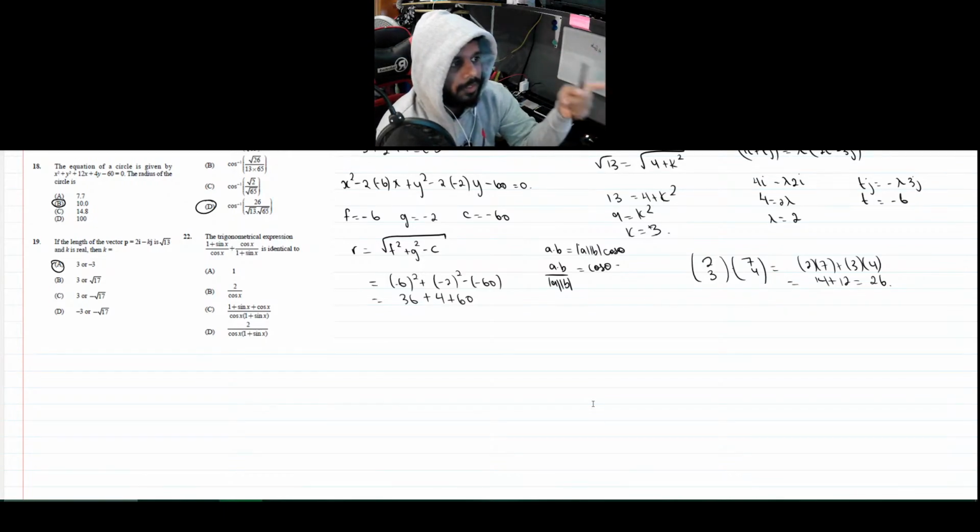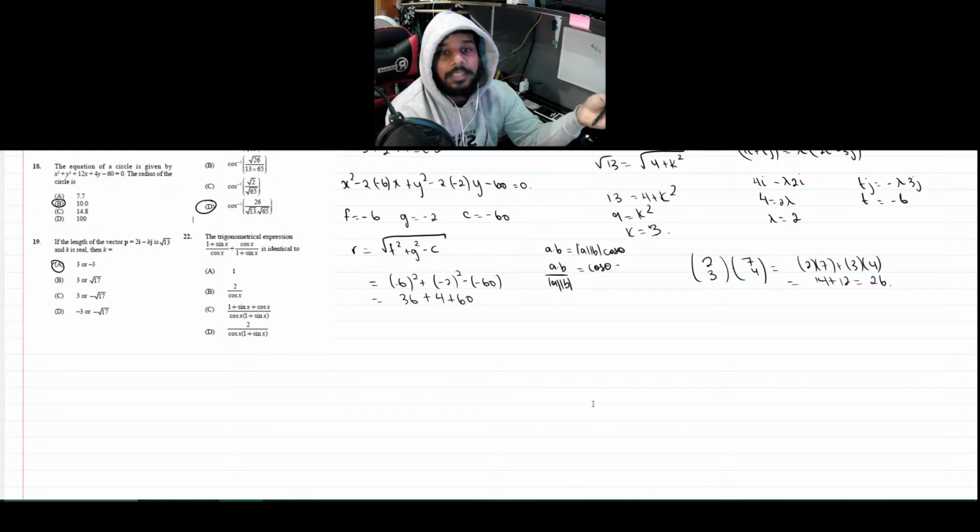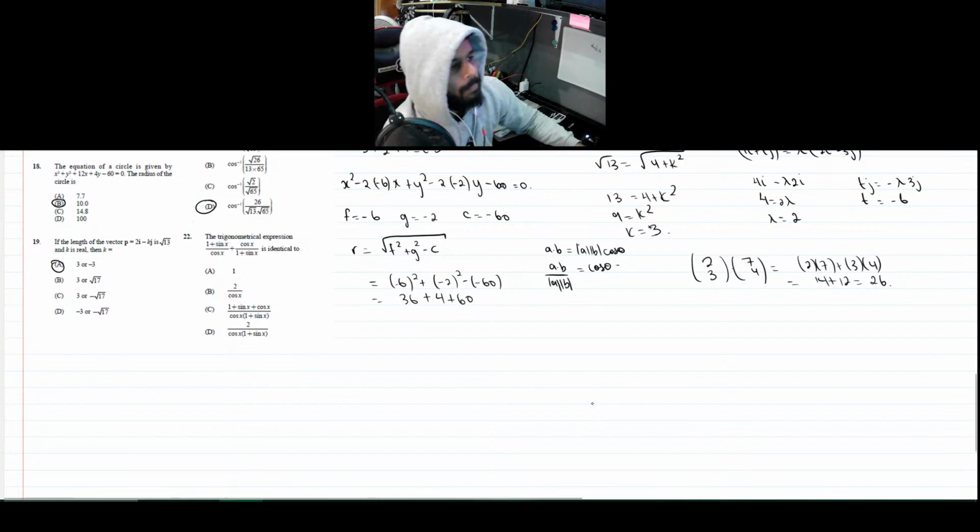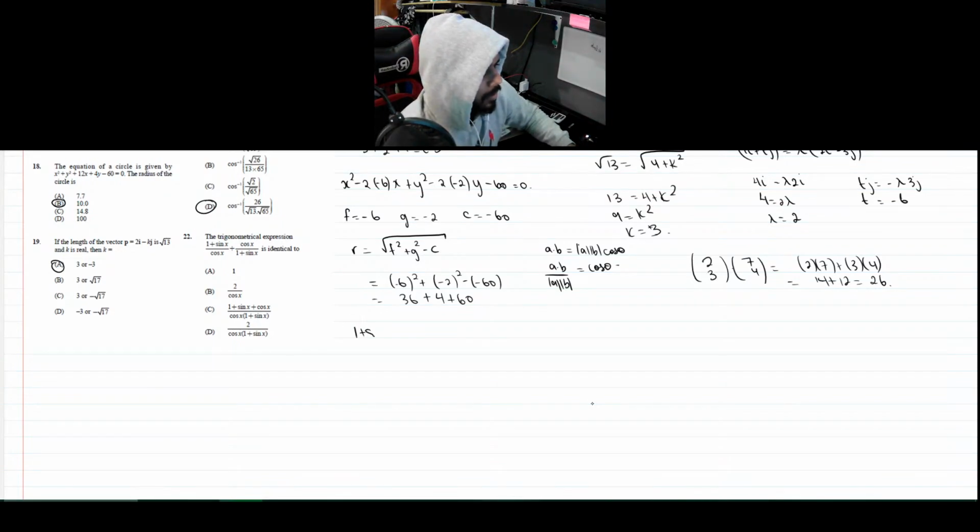Check 1 plus sine 30 over cos 30 plus cos 30 over 1 plus sine 30, you get that answer, and see which one of the answers that is equal to. So if it's equal to 1, then A is your answer. Check what 2 over cosine of 30 is. If it's equal to that, that's your answer, and so on. Or we can do it by proving it using identities. So we have 1 plus sine x over cosine x plus cosine x over 1 plus sine x.